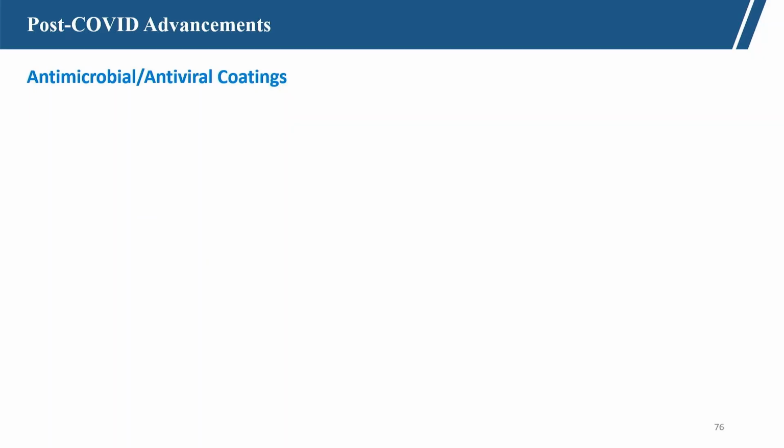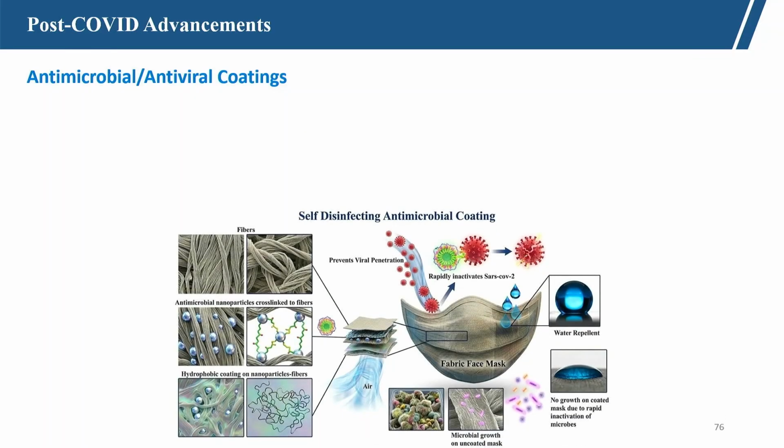An antimicrobial, antiviral coating can be applied, which kills the virus or bacteria on the surface during penetration. This is self-disinfection through the antimicrobial coating, so that when a virus comes, it gets trapped and killed at that stage.